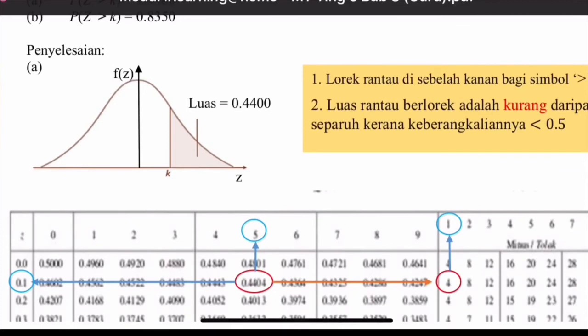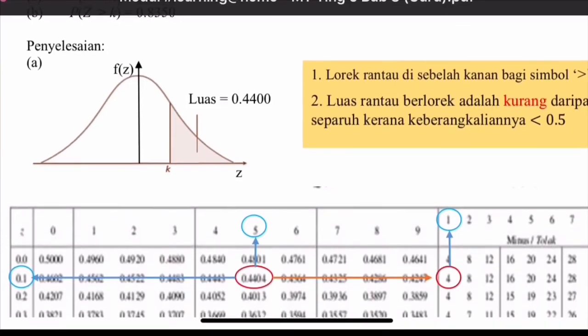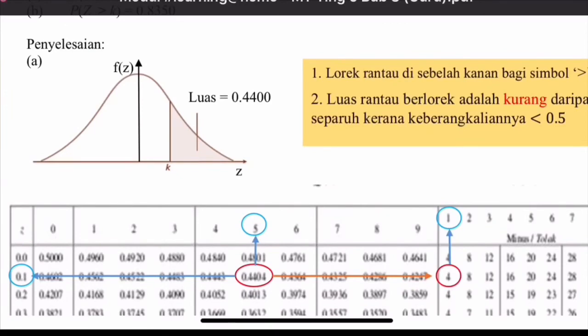So we can only find one number, which is 0.440 something, isn't it? 0.4404. So later you have to minus out the balance that you don't want. When you minus out the balance that you don't want, you have to plus to the z-score.